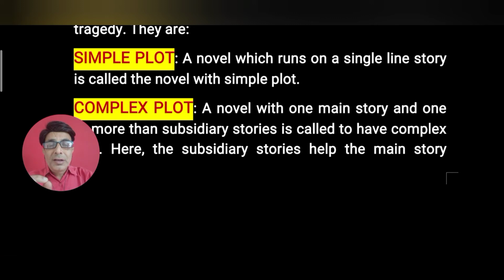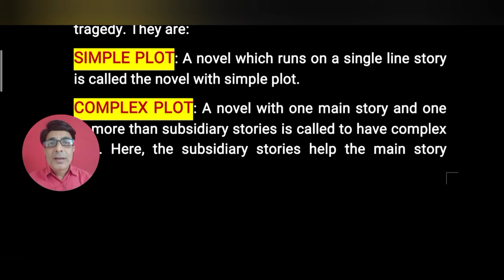A novel which runs on a single line story, where there is only one main story going on right from the beginning till the end, is known as a novel with simple plot. But a complex plot is a novel in which one main story is presented, and at the same time one, two or three parallel subsidiary stories are going on with the main story.